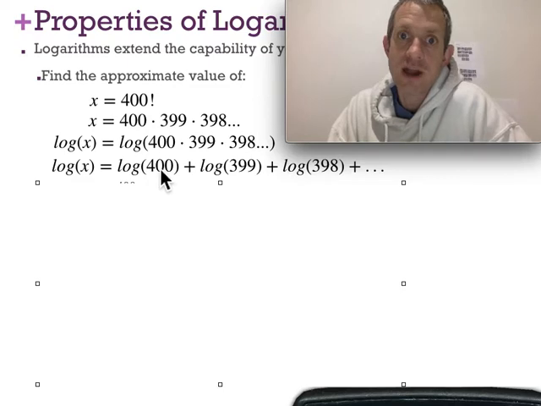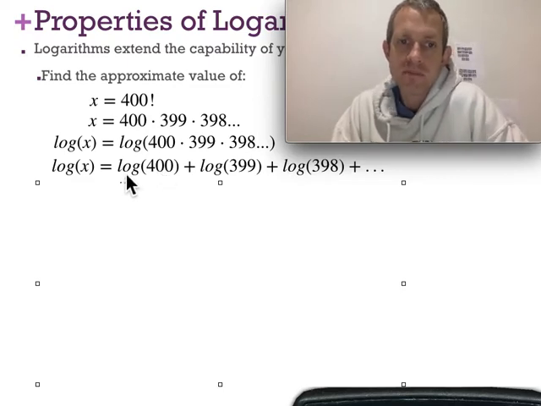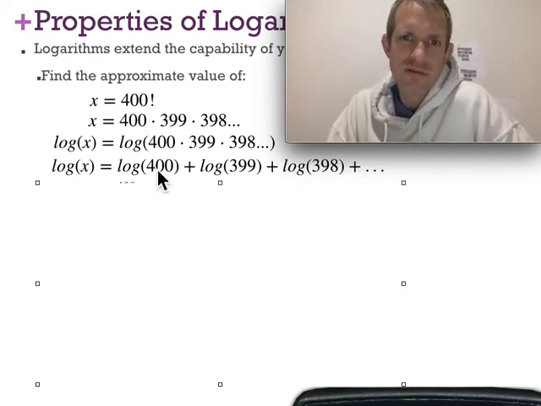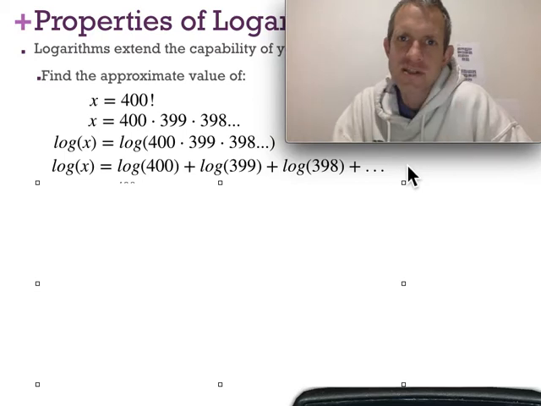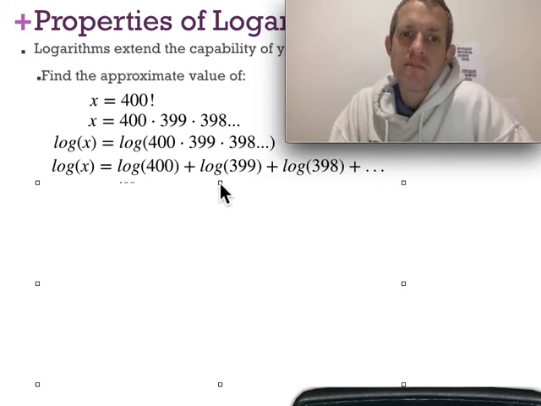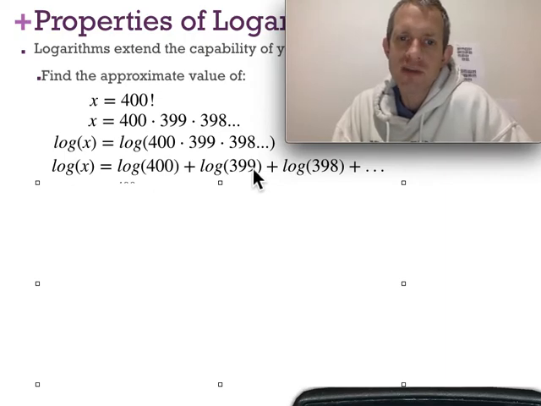It would take you forever to type it in, but log of 400 is just a number. It's like 2 point something. Here's another 2 point something sort of number, and you start adding all these 2 point somethings in there. It's not ridiculously big. It is doable. But I'm not going to waste my afternoon typing all of these things into my calculator and find out that I mistyped something along the way.